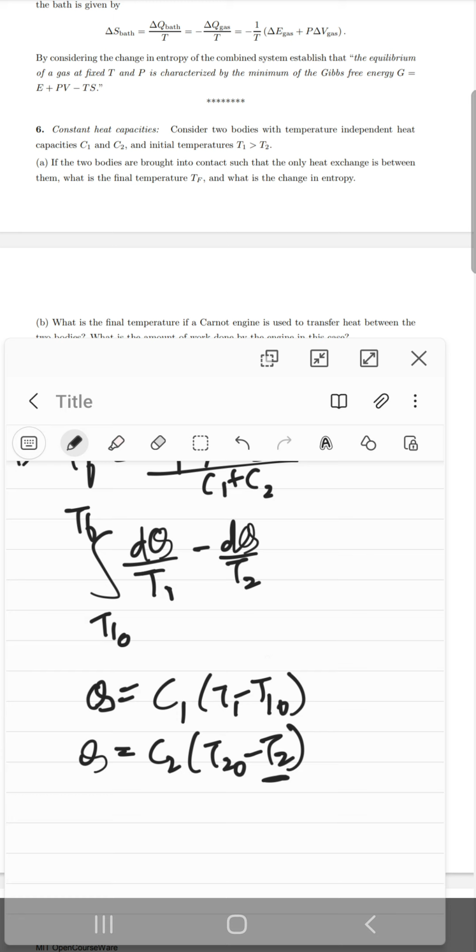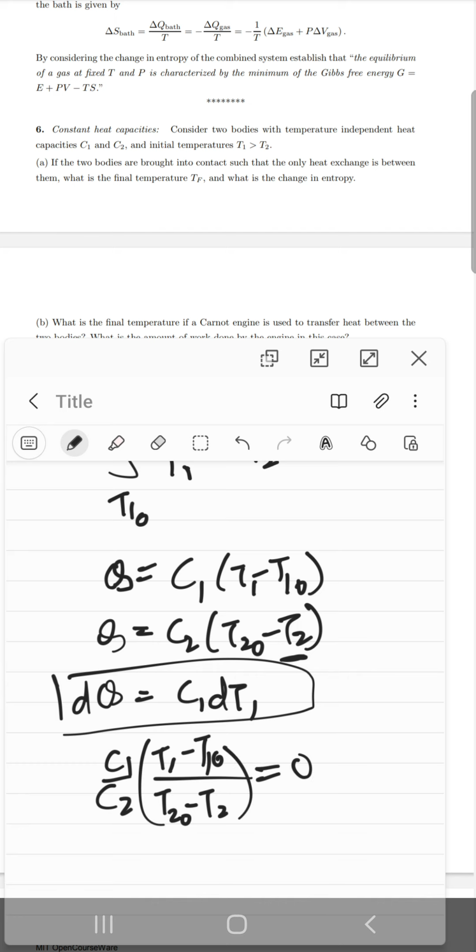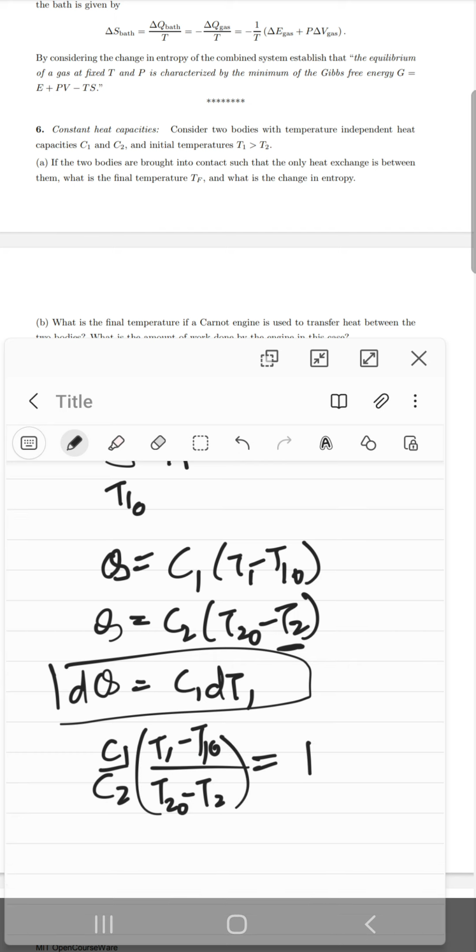Differentiating, we have dq equal to C1 dT1, that's one important bit. And taking a ratio, C1 upon C2 times (T1 minus T1 naught) upon (T2 naught minus T2) is equal to 1.